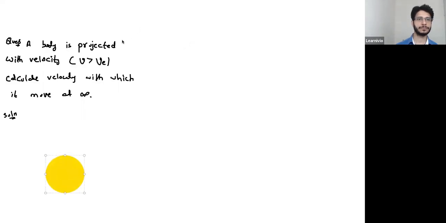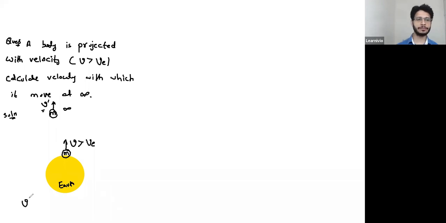This is Earth. You projected this body of mass m with a velocity v in the upwards direction, and remember, this v is greater than escape velocity. At infinity, this body will continue to move with some velocity, and you have to calculate this velocity.